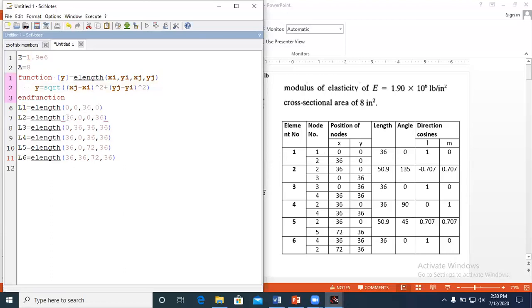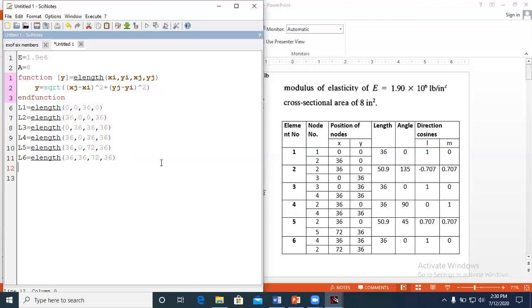For element number 2, node number 2 is 36 0 and 0 36. For element number 3, 0 36, then 36 36. Element number 4, 36 0, then 36 36. Element number 5, 36 0, 72 36. Element number 6, 36 36, 72 36.